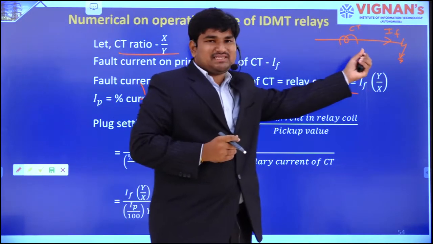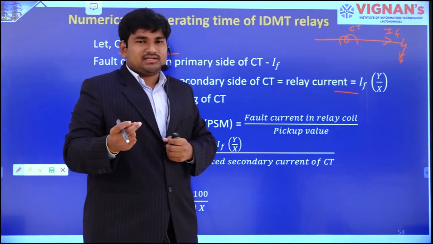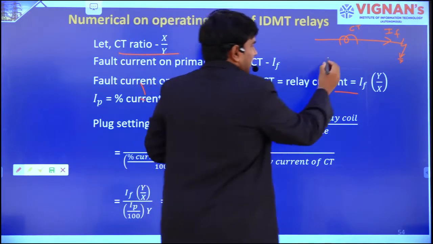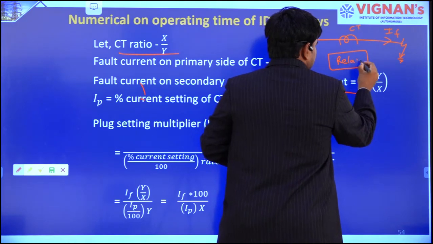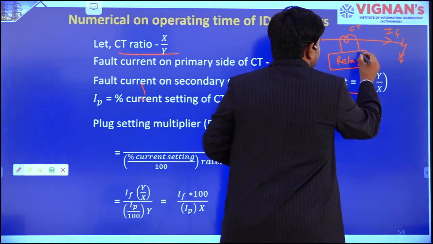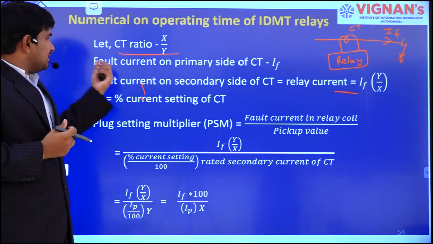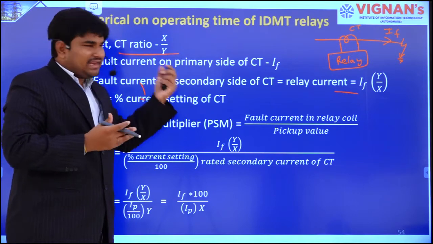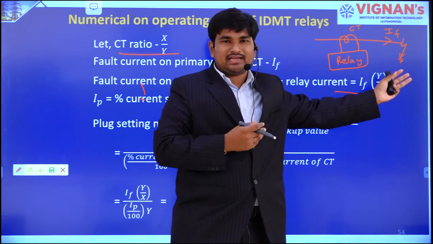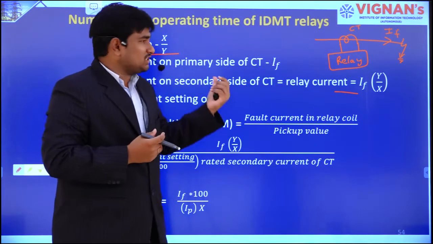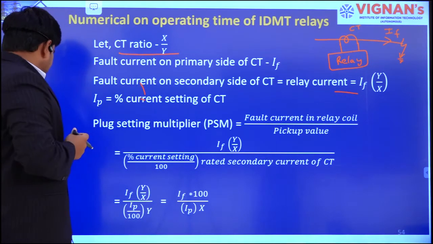So the fault current will be sensed by this CT. The CT will give a signal to the relay. That's why I could know the value of the CT ratio. Then I could find the amount of fault current which flows through the transmission line. So that is the first observation we need to make.